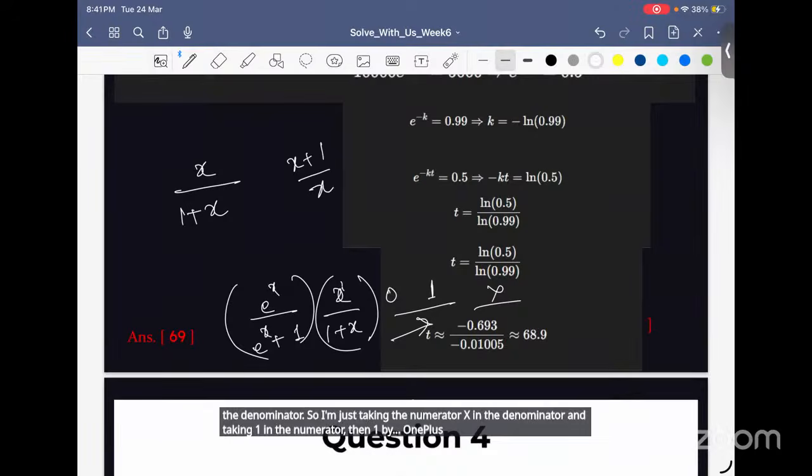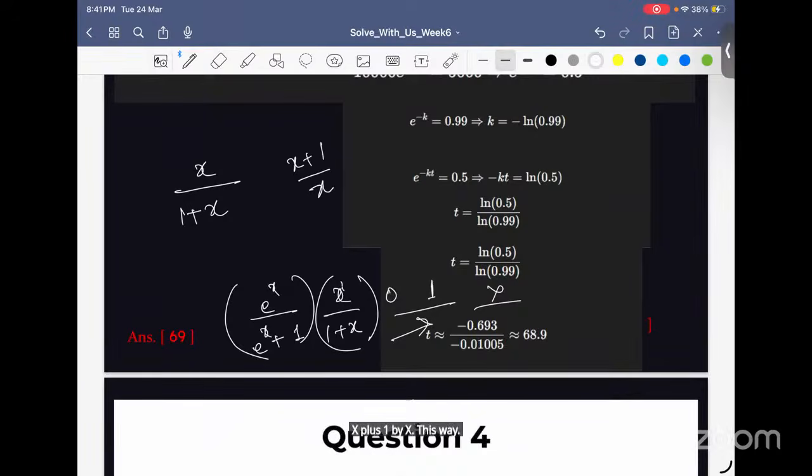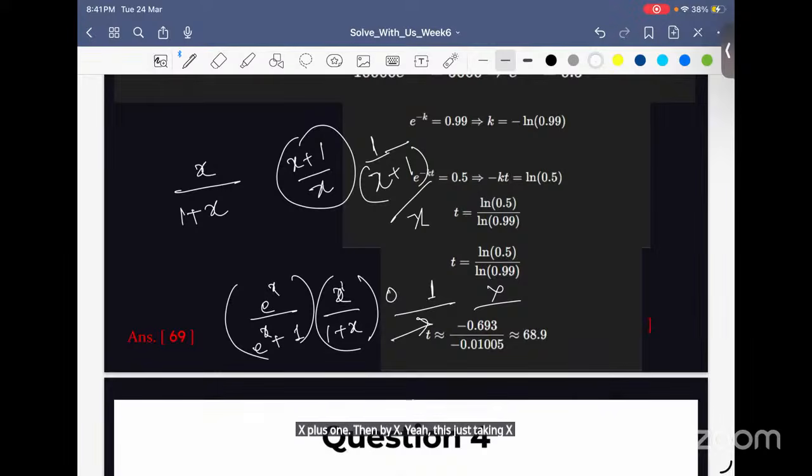In the numerator it would be 1. Just taking x, like, 1 upon x, 1 by x plus 1, then x. Just taking x in the denominator.